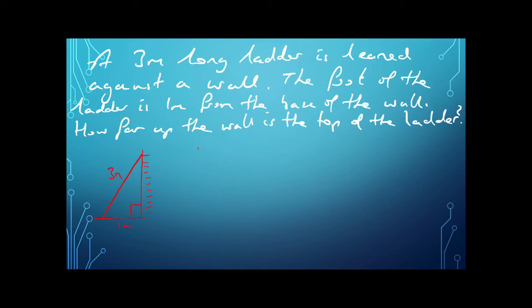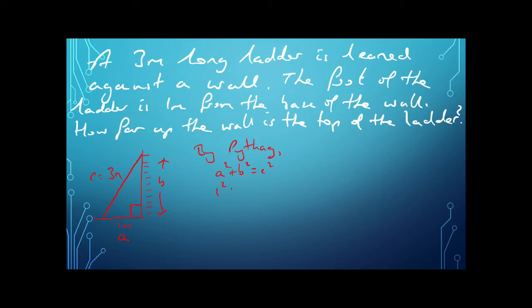Okay, this is a Pythagoras question because we have a right angled triangle. So I'm going to say by Pythagoras, and I'm going to write down what Pythagoras' theorem is. a squared plus b squared is equal to c squared. In this case, this is a, the height the ladder goes up the wall is b, and this is c.